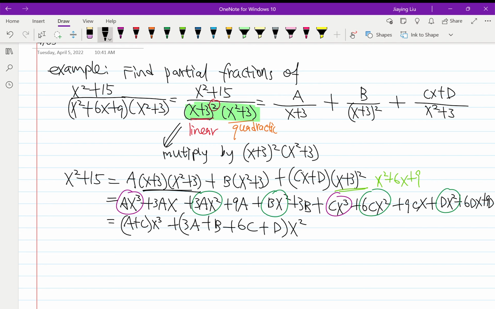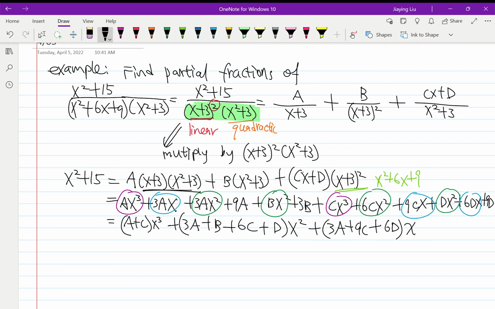Then we're going to look at all the x terms. So we got 3ax, 9cx, and 6dx. So that's going to be 3a plus 9c plus 6d times x.